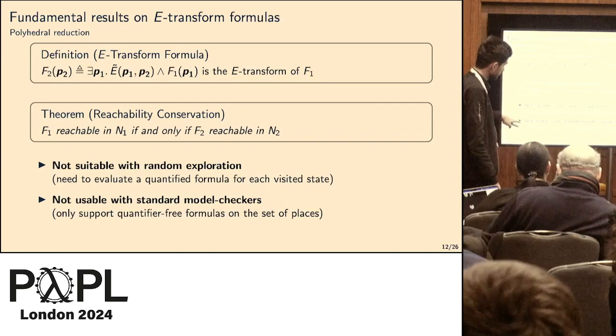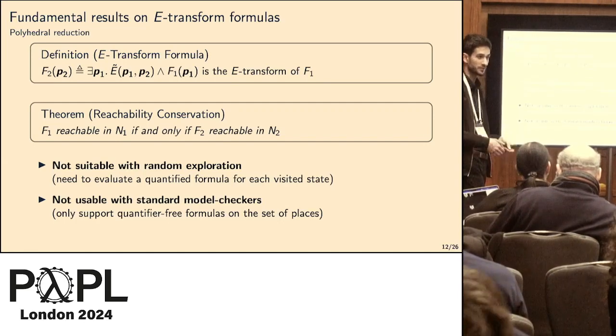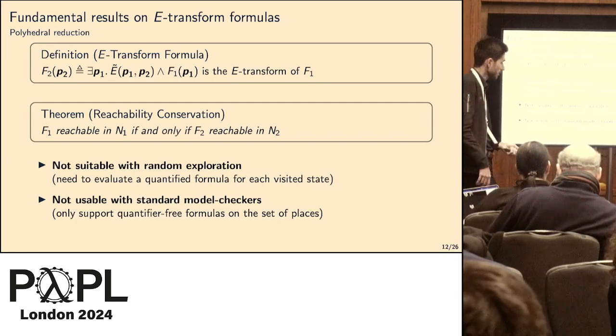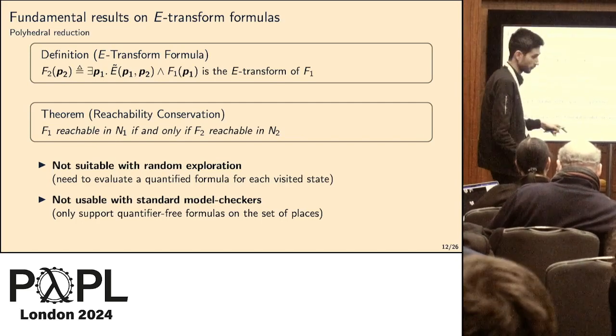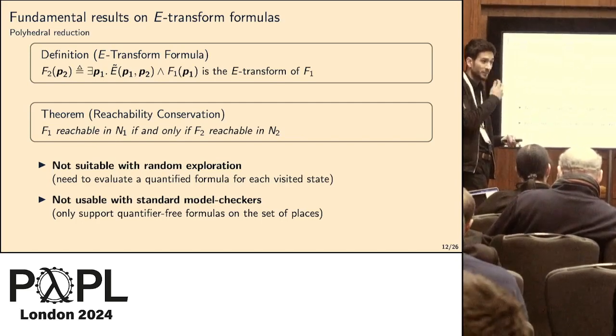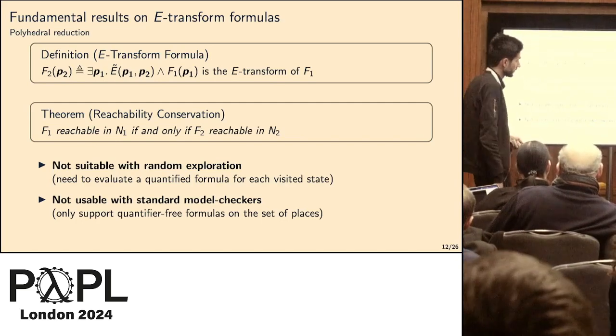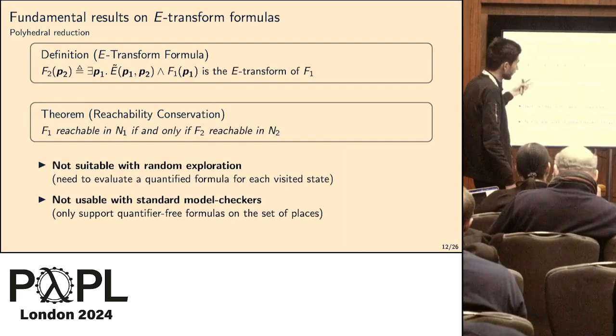It is also not usable with standard model checkers and standard model checking techniques because they only support quantifier-free formulas on the net that we want to verify, and here we have a Presburger formula with quantifiers.